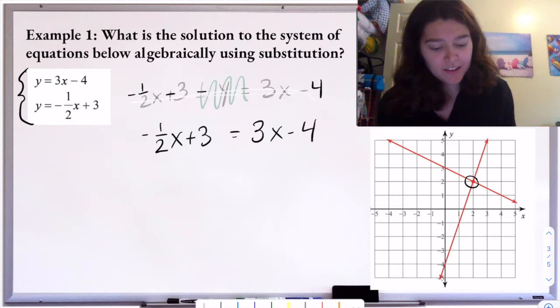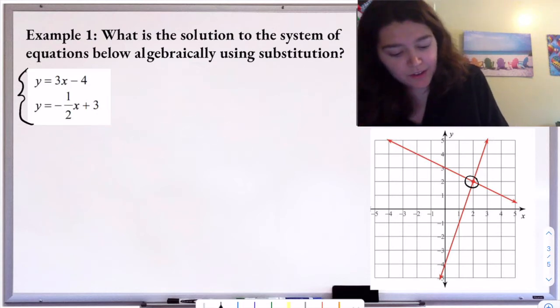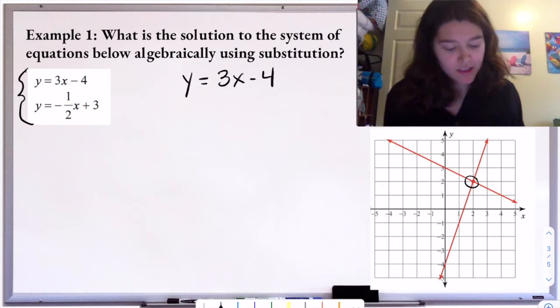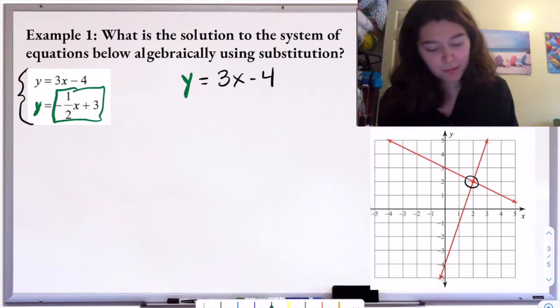I will write it out in a slightly more general way. I can rewrite the first equation, y equals 3x minus 4. Then I see, here's my variable y, here's my variable y. y is equal to -1/2 x plus 3.